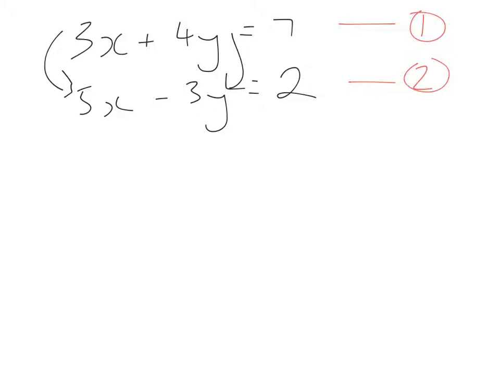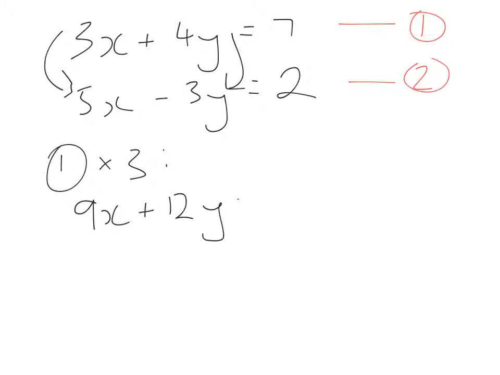So if I change them both into 12, I need to times number 1 by 3. And that will give me 9x plus 12y equals 21, which is my equation 3.